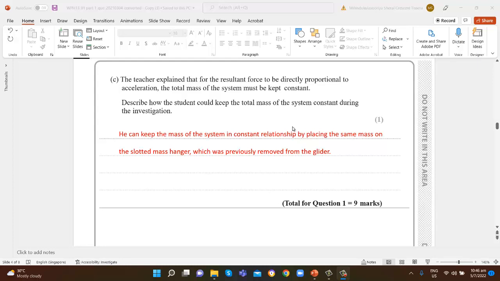When you read all the parts A, B, C and D or E, you will realize what to write. Otherwise, if you read A and answer, B and answer, then when you come to C or D, you will realize, oh, I have answered the D part in A. Then you cut. Don't do that.